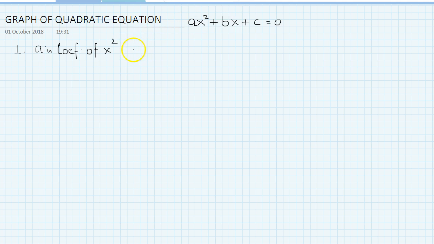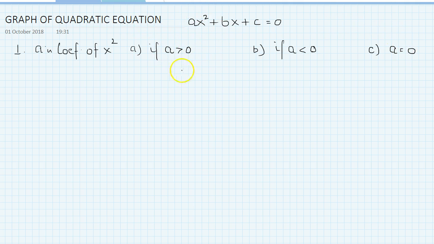Number one is if a is a positive number, that is if a is greater than 0, b is if a is less than 0, that is a negative number, and c is if a is 0.